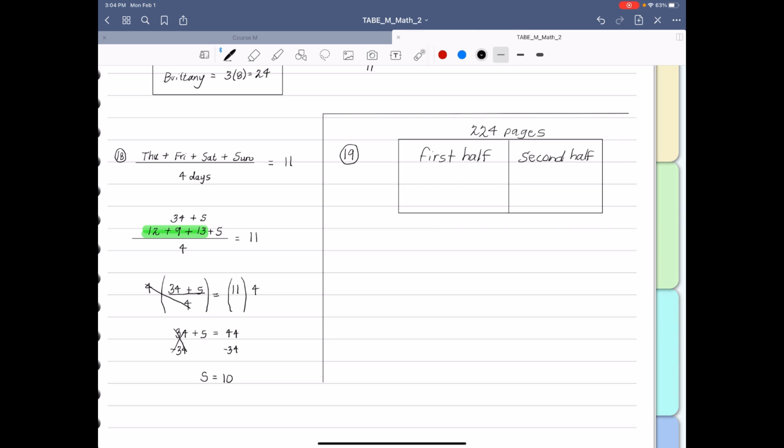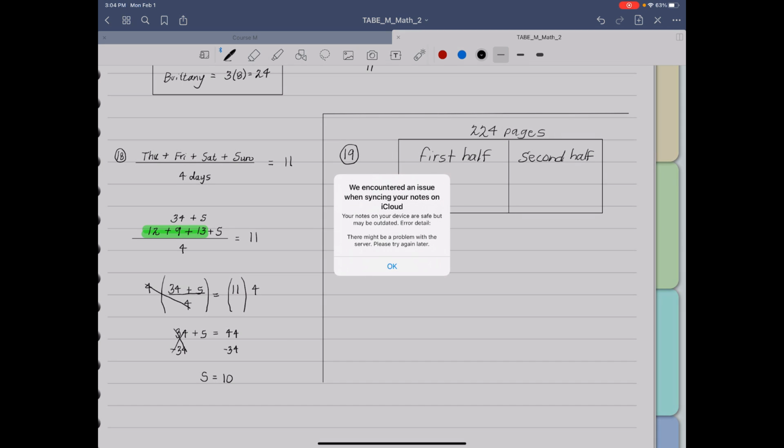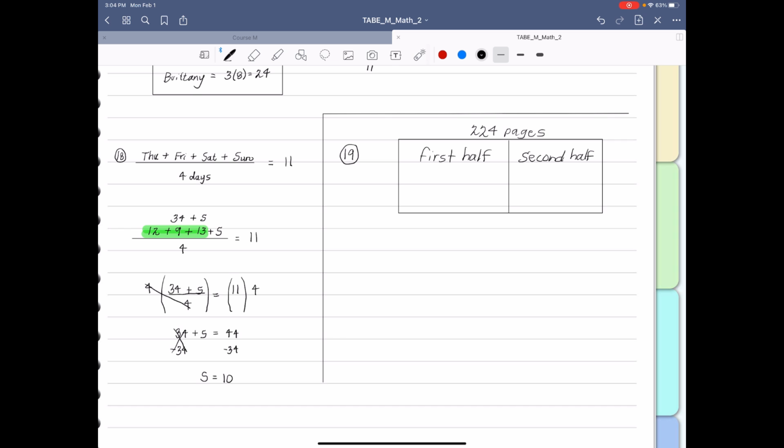So that means if you divide 224 by 2, you get 112 pages and 112 pages. So all I've done is to take Sergio's book and divide it in half. We've got the first half, 112 pages, the second half, 112 pages.